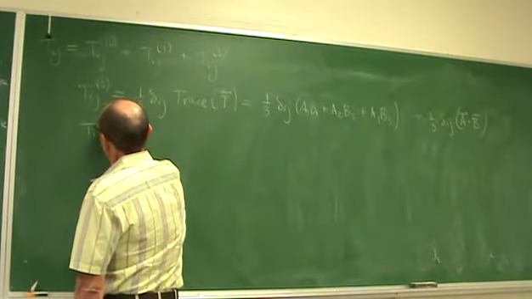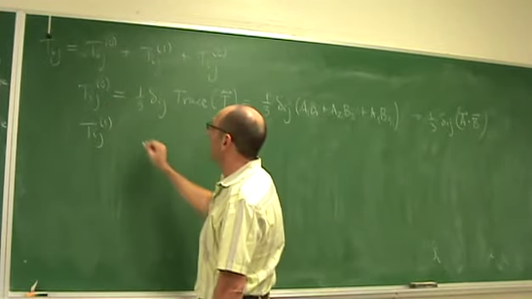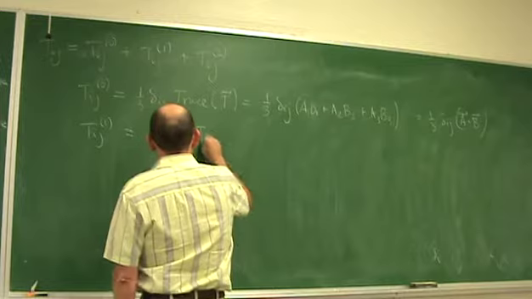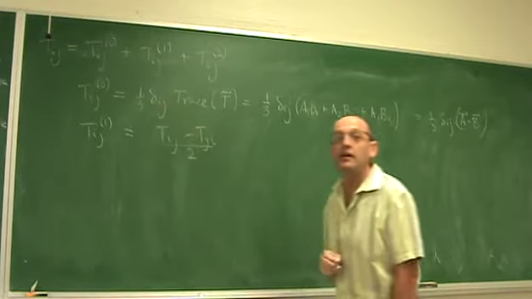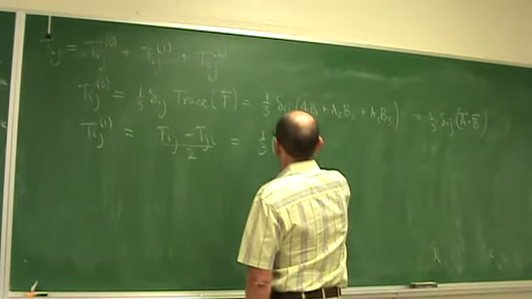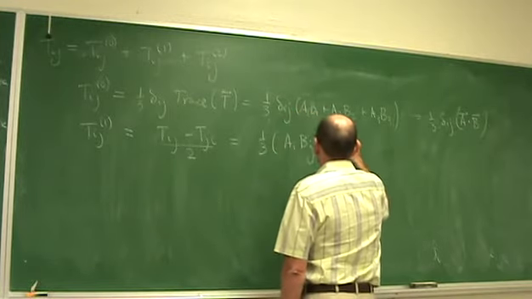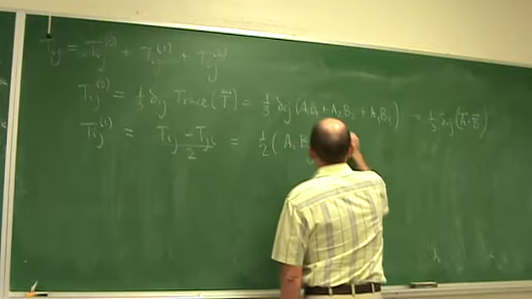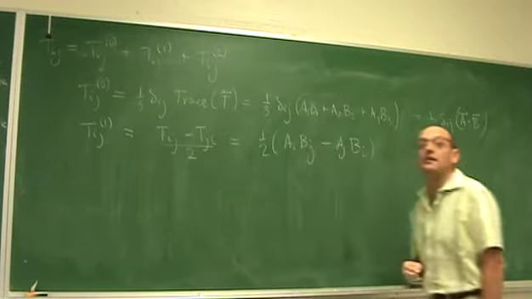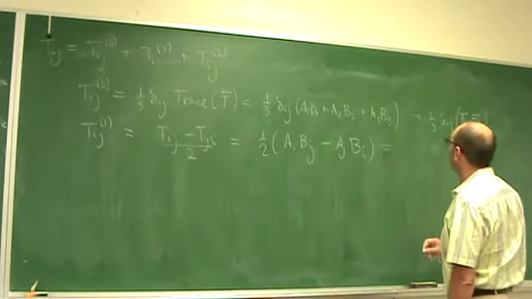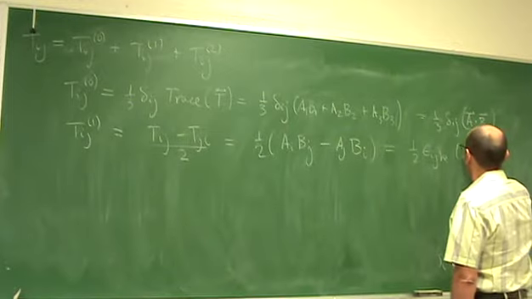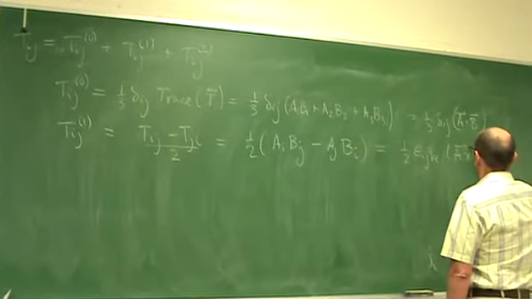I am defining Tij superscript 1 as the antisymmetric part of the tensor, which in this case is Aibj minus AjBi, which is the same thing in this case as 1/2 epsilon ijk, the cross product.